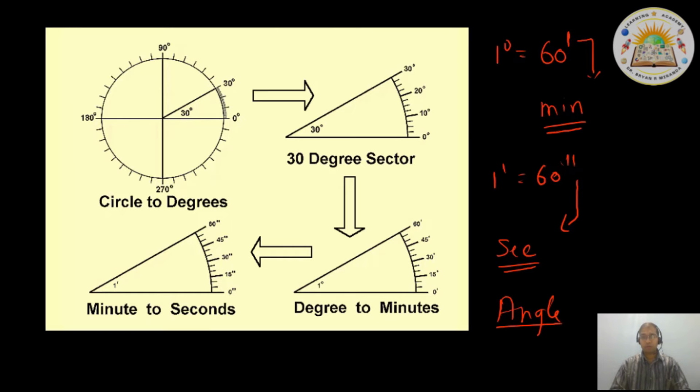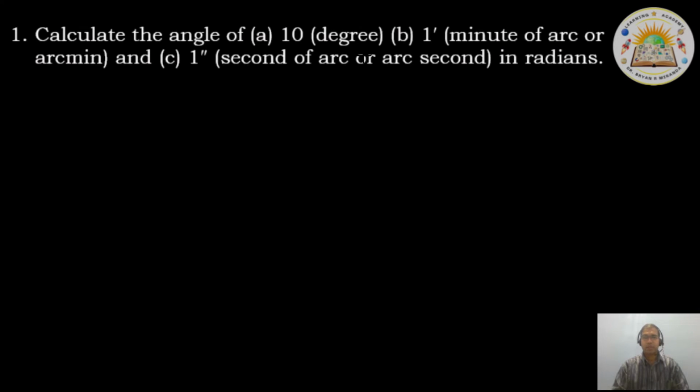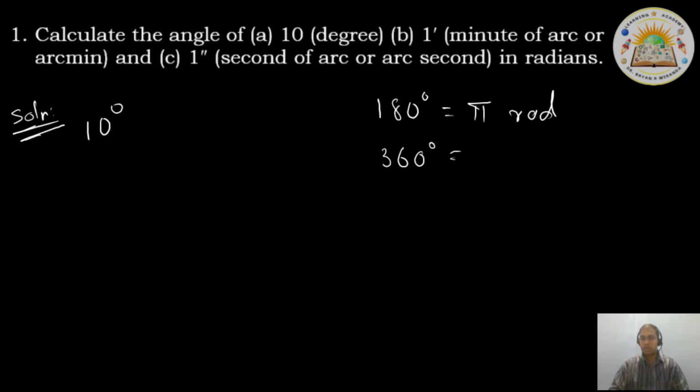Coming back to this question, the question that is given is 10 degrees. Now, we know that 180 degree is equal to pi radian, which we just saw in the chart, or 360 degree is 2 pi radian. So 10 degrees would be how much? This is a basic ratio and proportion type of question. 180 degree is equal to pi radian. 10 degree is how much?